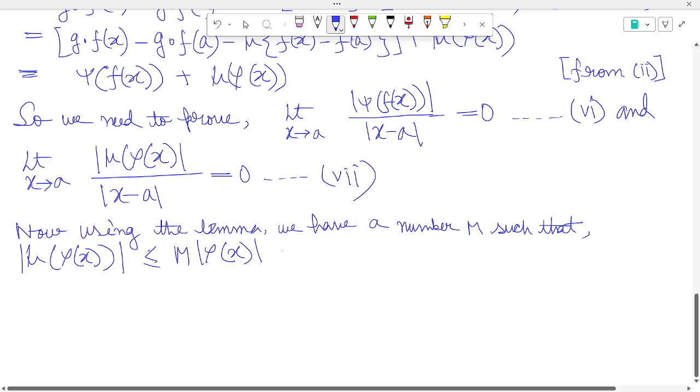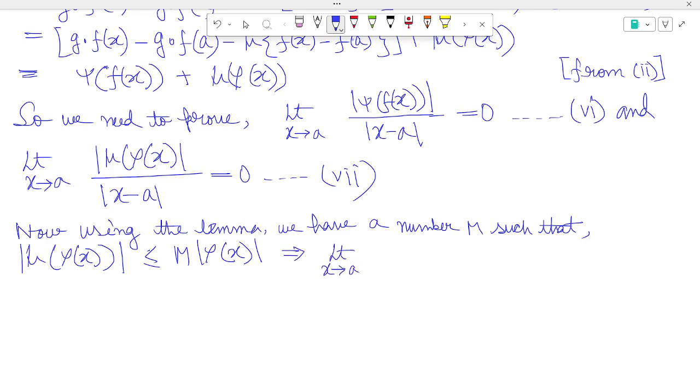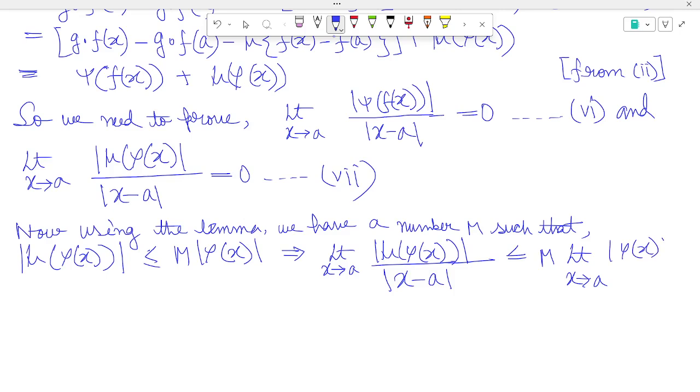That means what? Limit x tends to a of that thing is less than or equal to m times limit x tends to a of that by that.